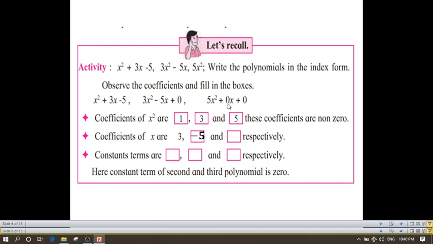In the third polynomial, coefficient of x is 0. Constant terms are minus 5, then in the second polynomial 0, and in the third polynomial also 0. So here constant terms may be 0, coefficient of x may be 0, may not be 0, but coefficients of x square are non-zero.